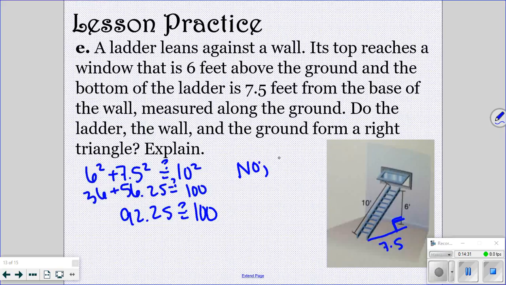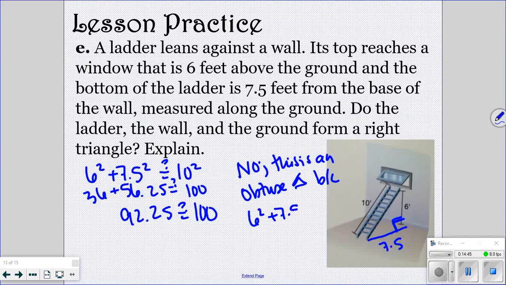And the reason this is an obtuse triangle is because 6 squared plus 7.5 squared is less than 10 squared. So that's your reasoning. Your hypotenuse squared is bigger than the other two added together.